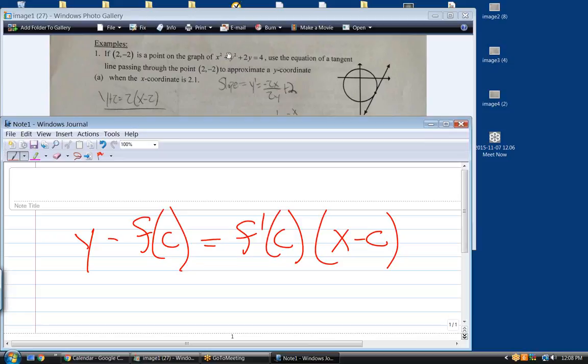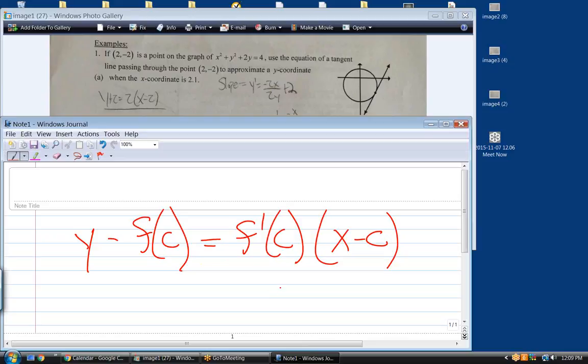So if we implicitly differentiate that, we can come up with y prime, and this is what they came up with. It is minus 2x over 2y plus 2. Okay? So what is y prime when x is minus 2 and y is 2? Well, if I plug that in there, I get 4 over 4, don't I?